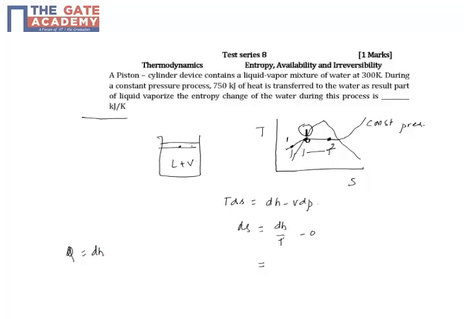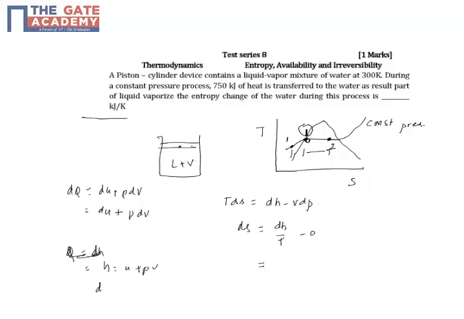The heat transferred is H2 minus H1, because dq is du plus p dv, and this is a constant pressure process. Enthalpy is defined as u plus pv.